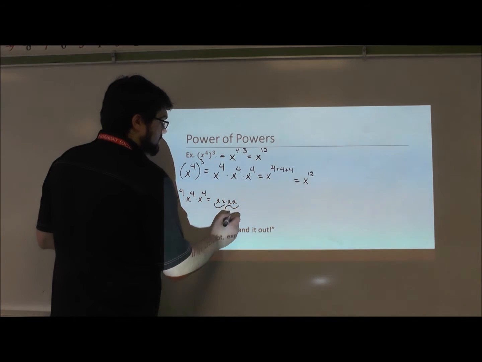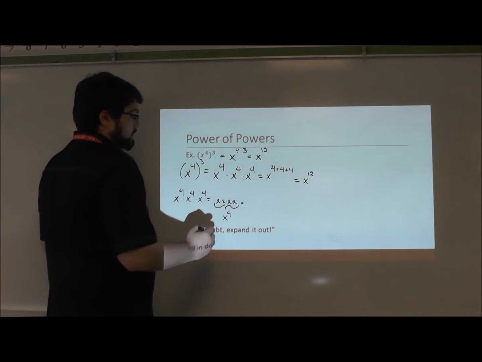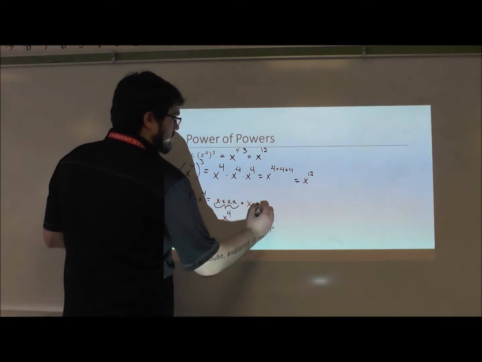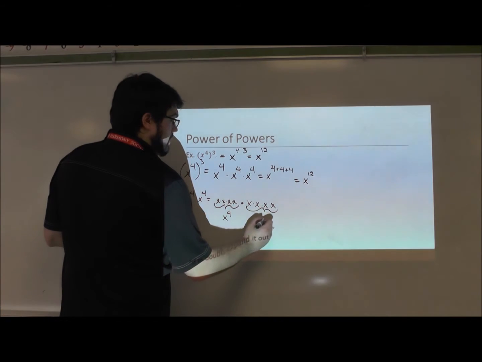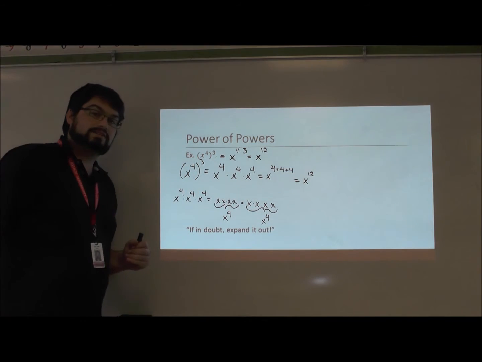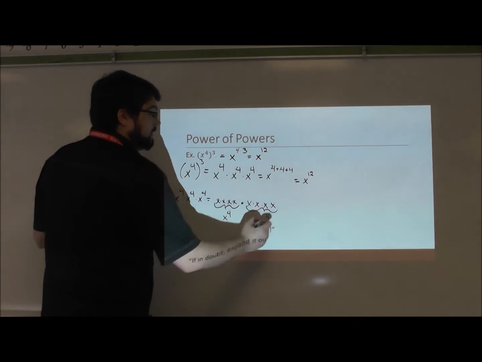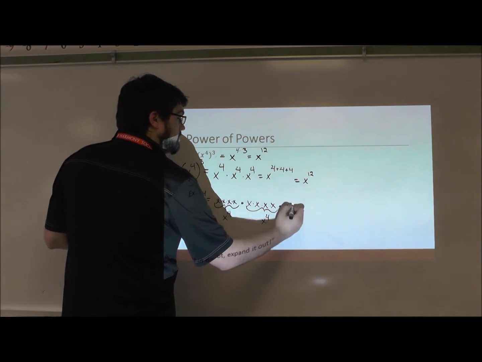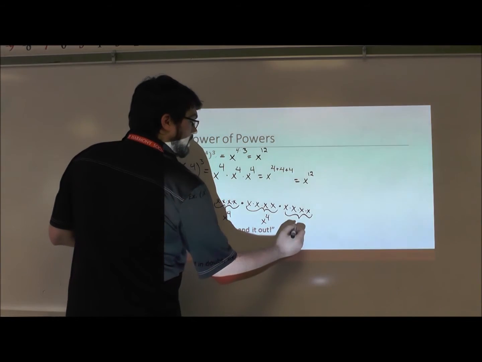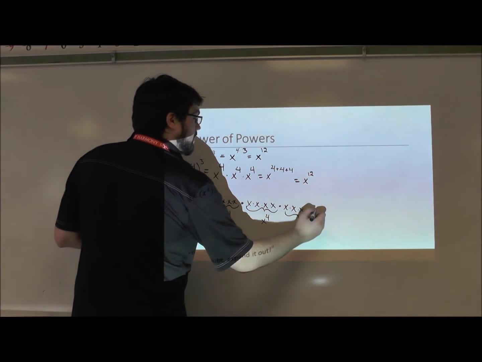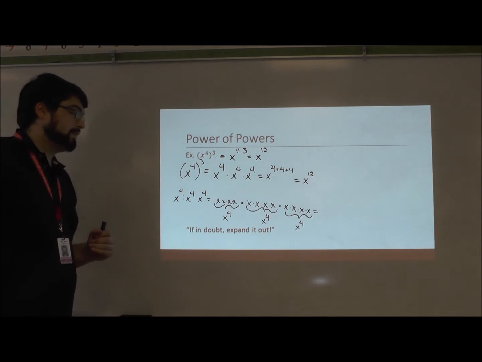This is my first x to the 4th, times x times x times x times x. There's my second x to the 4th power, and then x times x times x times x. And there's my last x to the fourth power.